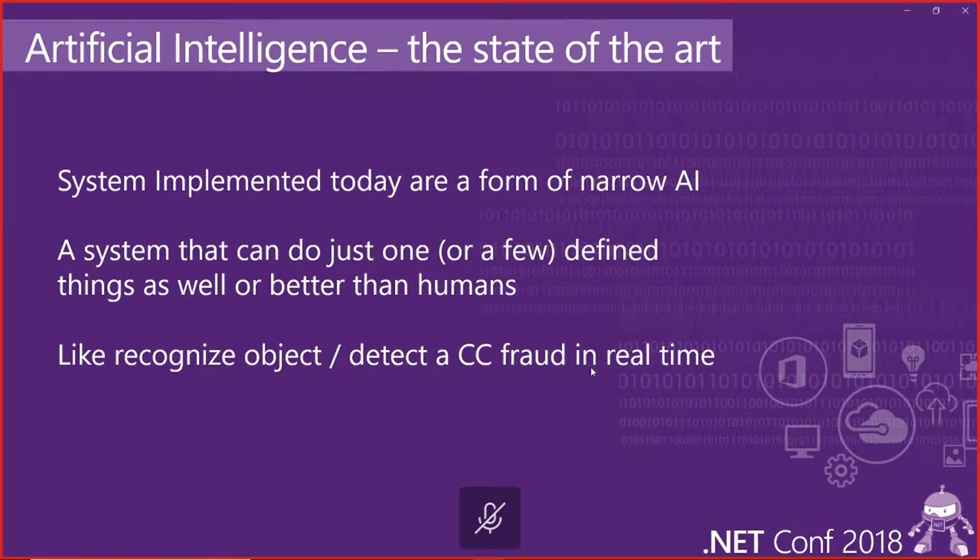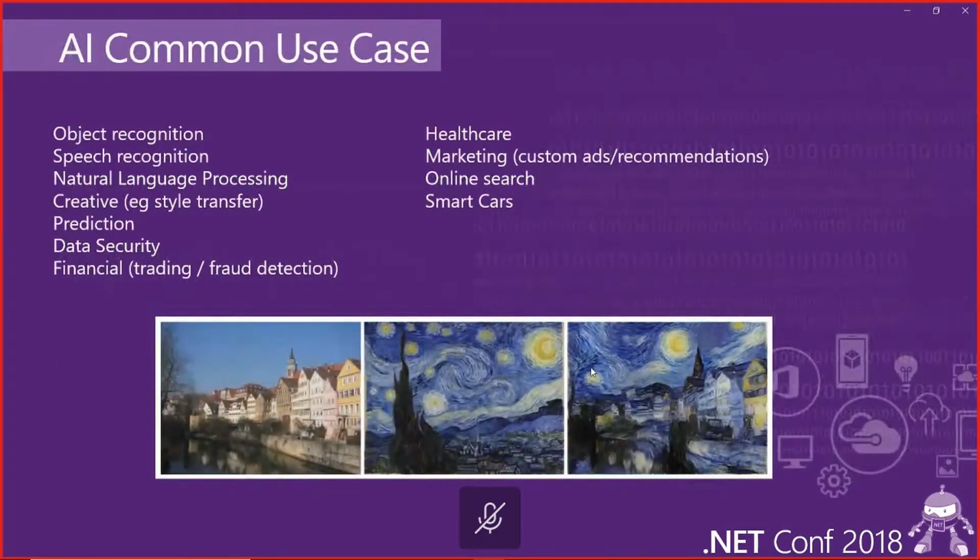Artificial intelligence today is a form of narrow AI. A system can do just one or a few defined things as well as or better than a human. And this is important. So it can recognize something or maybe detect credit card fraud in real time. There are several use cases in artificial intelligence, like object recognition, speech, and creative ones like style transfer, as you see in this picture.